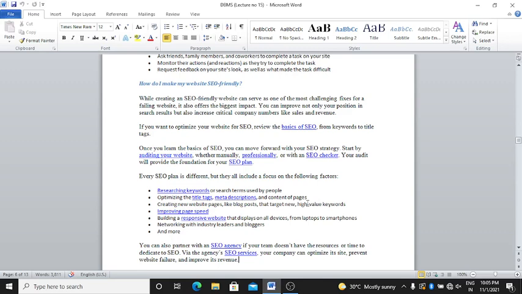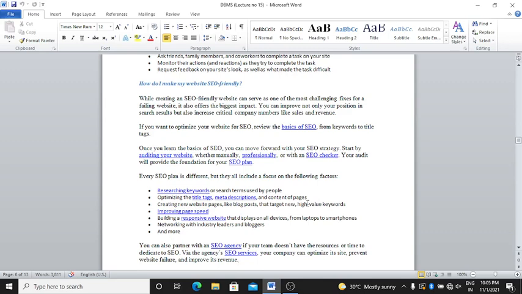First one is researching keywords or search terms used by people. Second one is optimizing the title tag, meta description, and content of the page. Third one is creating new website pages like blog posts that target new high value keywords.